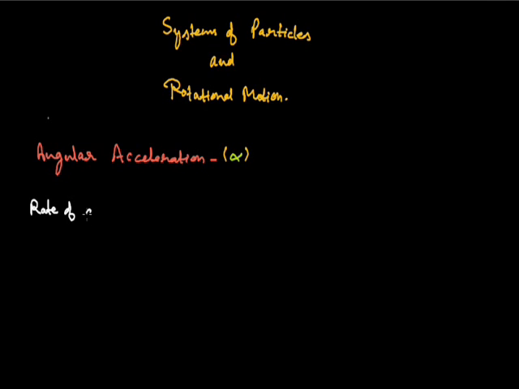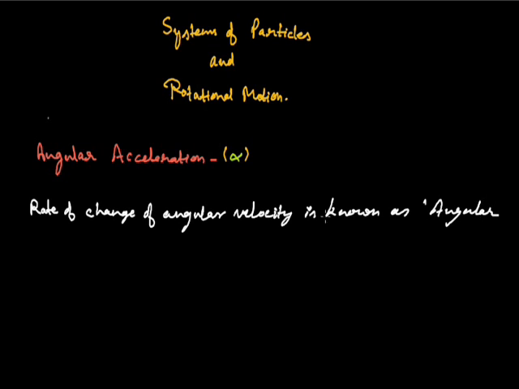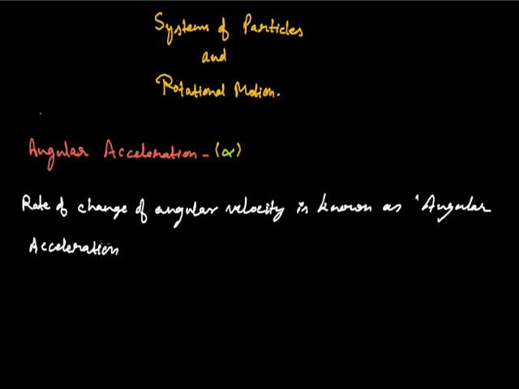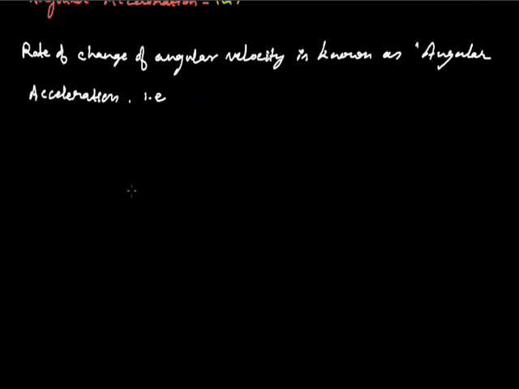So, alpha, the symbol of angular acceleration, is equal to d by dt of omega, where omega is the angular velocity.